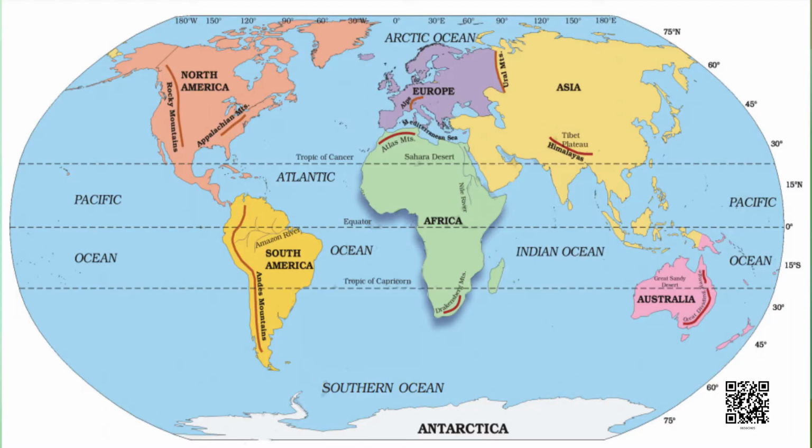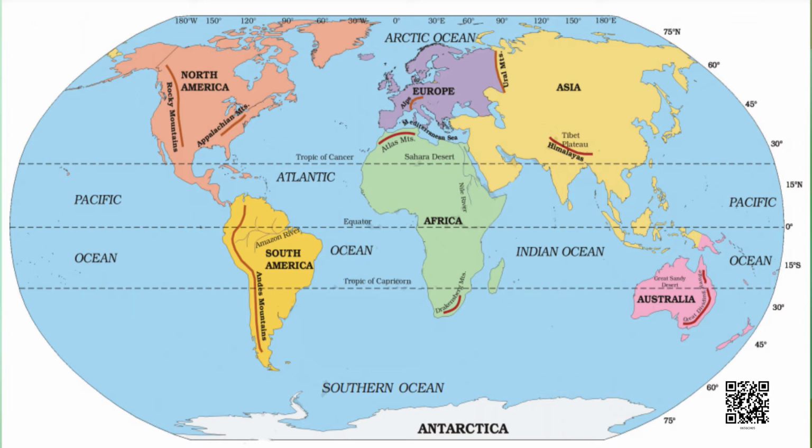The continent is bound on all sides by oceans and seas. Look at the world map again. You will notice that the world's longest river, the Nile, flows through Africa. Notice where the equator, the Tropic of Cancer and the Tropic of Capricorn pass in the map of Africa.